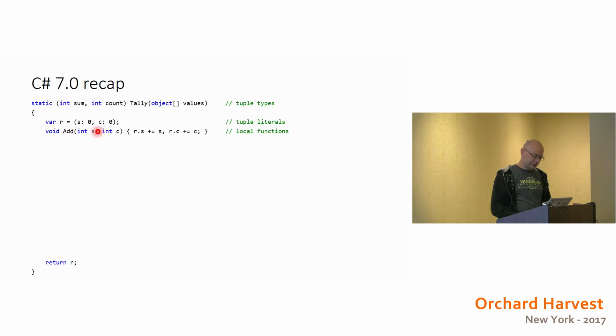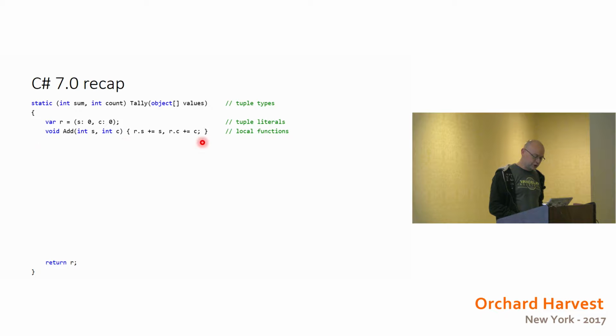So going with that, we have tuple literals. This is how you describe one of those as a literal. I'm just going to give a laundry list of features, so the flow may not be great here, but I hope you can follow along.